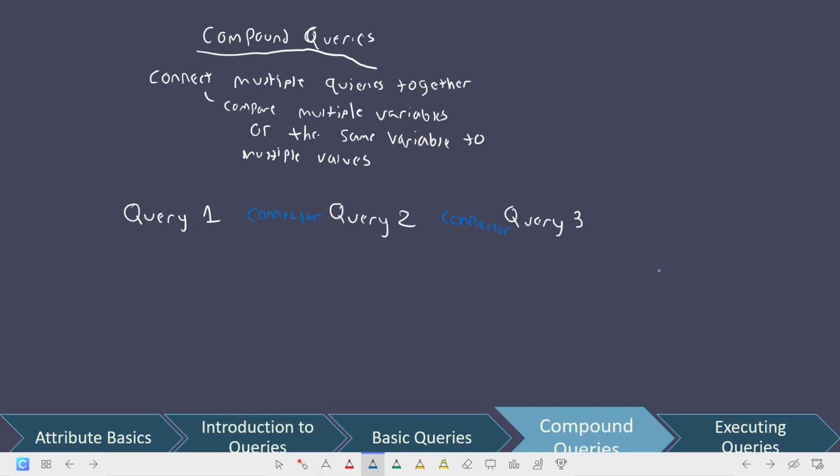Now there are multiple connectors, but we're only going to focus on 3 because they are far and above the most commonly used, and the first 2 are used almost exclusively. So the 3 connectors we have, and they're English words, are and, or, and not.